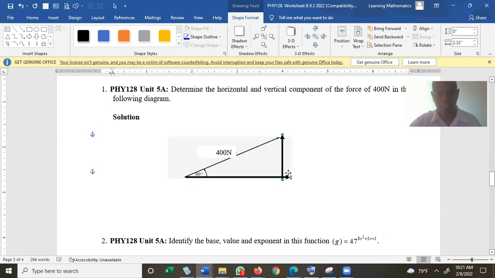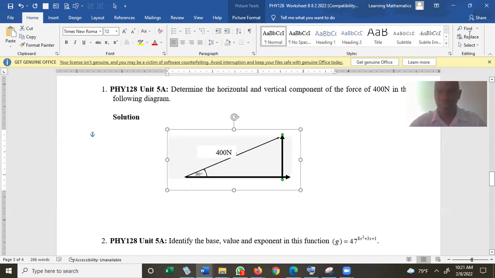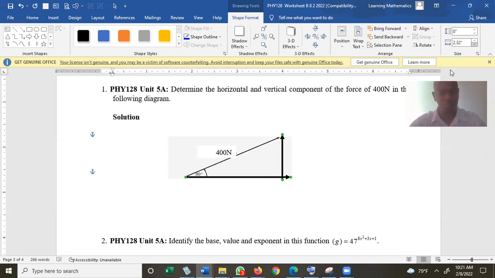So the side adjacent to 30 degrees, here it is. It's a horizontal in that case, because it's not all the time the side adjacent to the angle is horizontal, not all the time. And it's not all the time the side opposite to is a vertical.